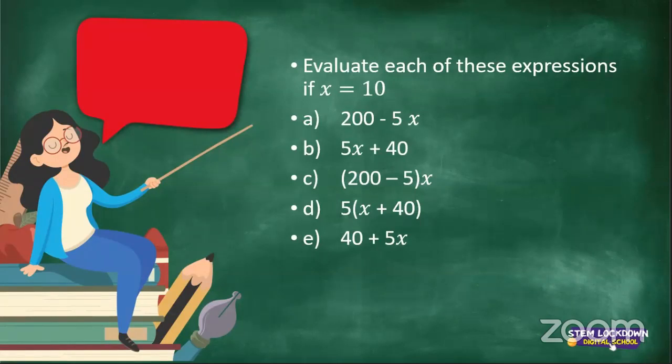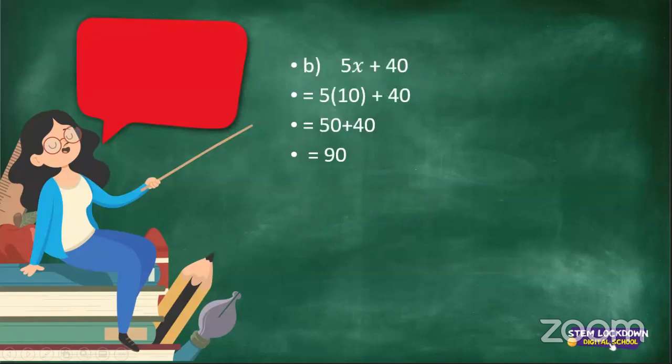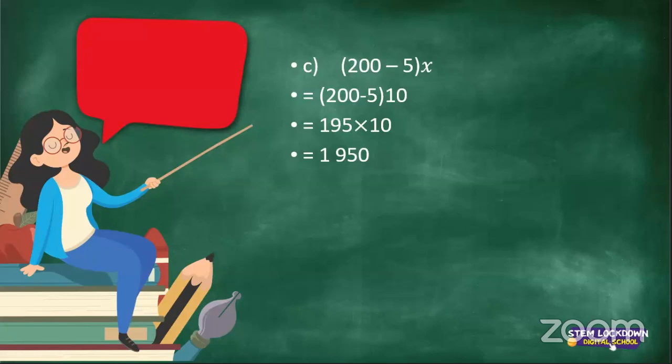That is the third one there, or rather C. Now we've got 200 minus 5, which is 195, and then thereafter you multiply 195 by 10. That gives 1,950. So basically, what you have done, I fully agree with you. That's the third one, which is C. So that is also correct. Thank you very much.